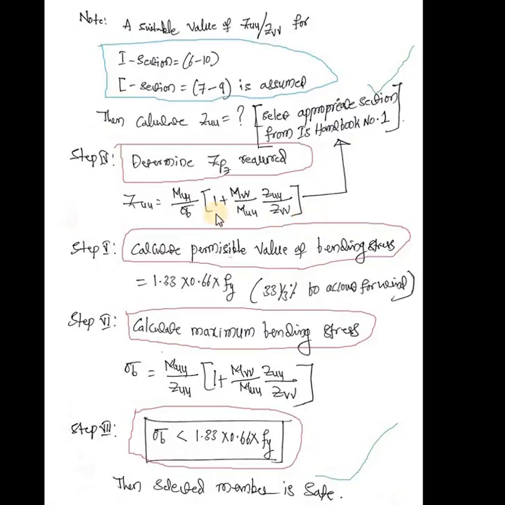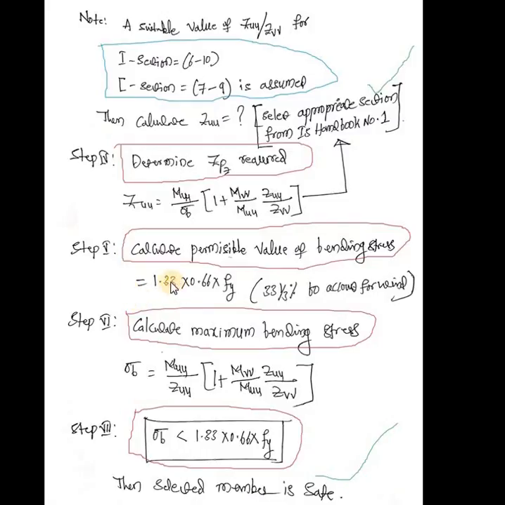Already we have calculated MUU and MVV values. We have MUU, MVV and sigma B values. Only this value is pending, and that value we have assumed. Based on that assumption we have calculated ZUU. After calculating ZUU, again we will write ZUU and ZVV, substitute that value over here, and finally we will get the ZUU value.